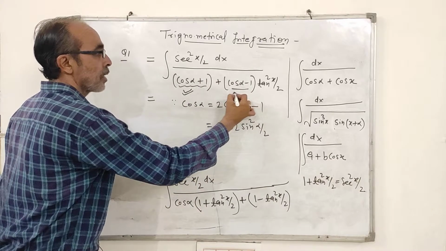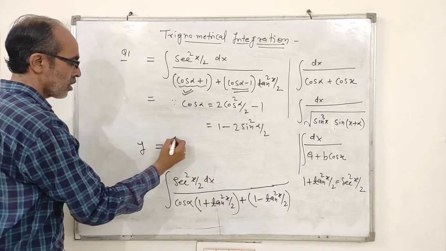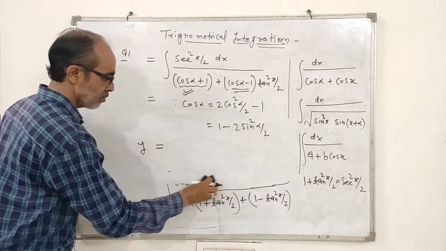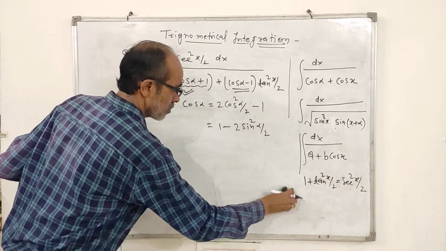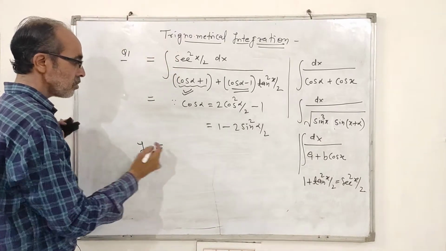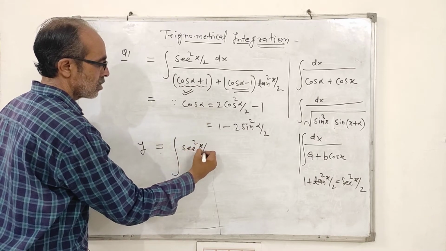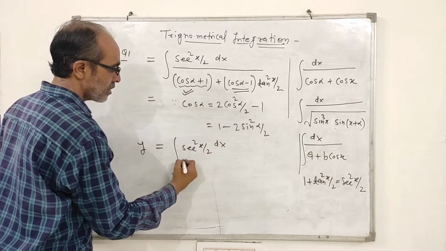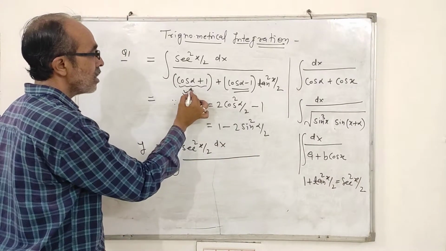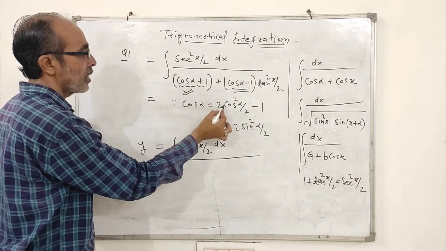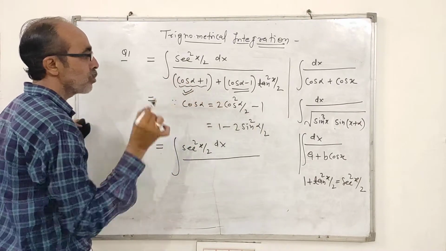So our integral is the integration of sec square x by 2 dx divided by 2 cos square alpha by 2, since the value of cos alpha is 2 cos square alpha by 2 minus 1 and the negative 1 cancels with the positive 1.